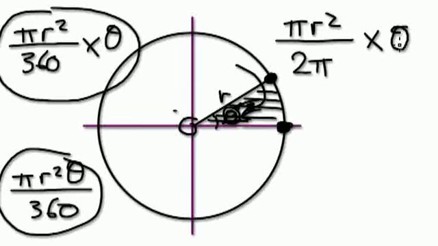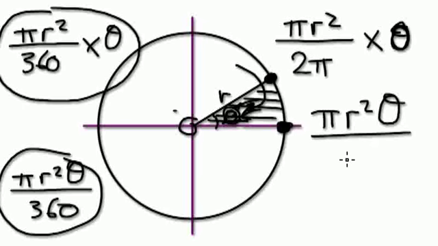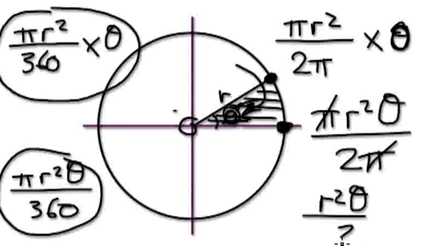So you would times it by theta, and then again it gets multiplied to the top, so it will be this, and then divided by 2 pi, and then the 2 pi's here would cancel each other out, so it would give you this over 2.